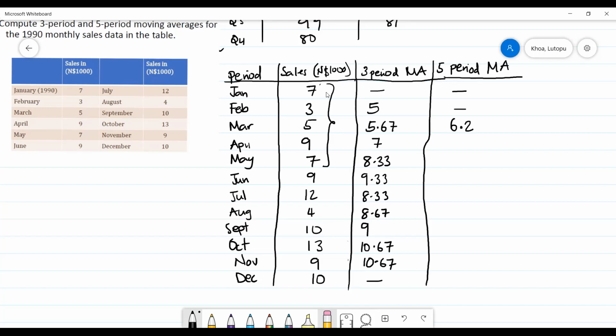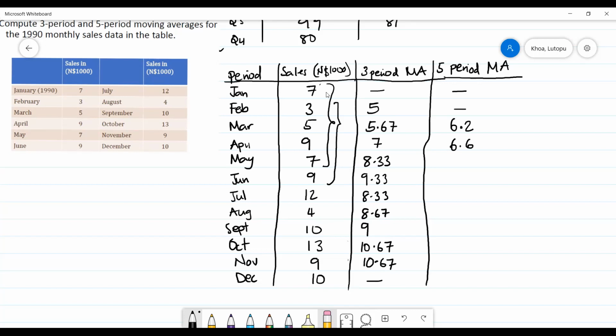I have 3 plus 5 plus 9 plus 7 plus 9. This gives me 33. 33 divided by 5 is 6.6.